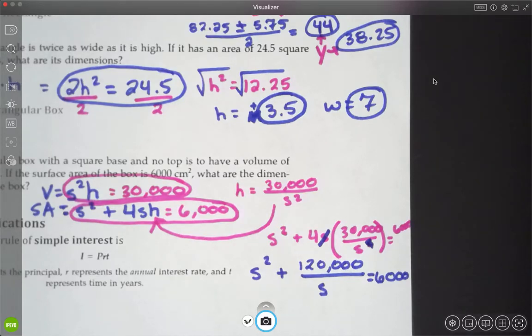Now, I don't know how to factor this, because if there's an S on the bottom, I don't know what I'm doing. What can I do? Look it up on Google. But this is an S squared, I can't multiply by S, because then I'd have S cubed, so it'd be a cubic function. You multiply the S over. No, because there's an S squared here.